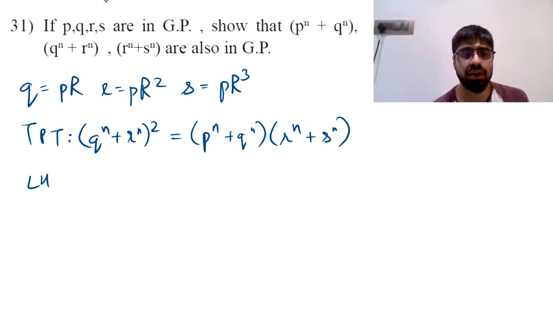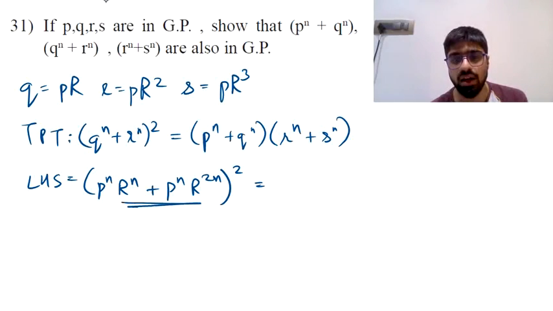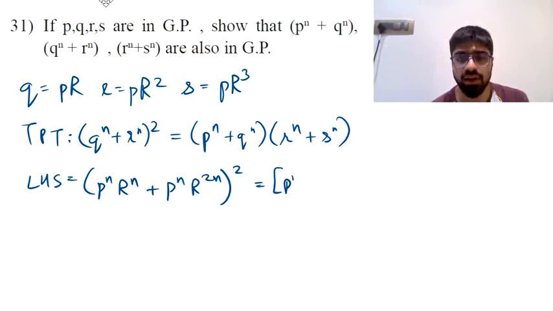And let's try evaluating the left hand side first. So Q power n plus R power n will be P power n R power n plus P power n into R power 2n, the whole square, and we can pull out P power n and R power n common, so that will give us P power n into R power n, and in the bracket we will be left with 1 plus R power n, the whole power 2.